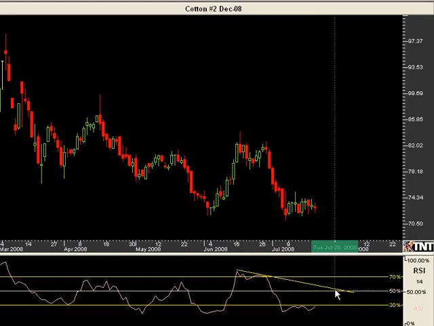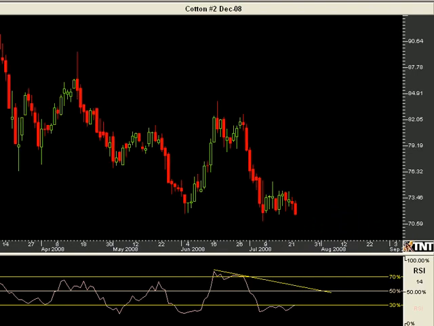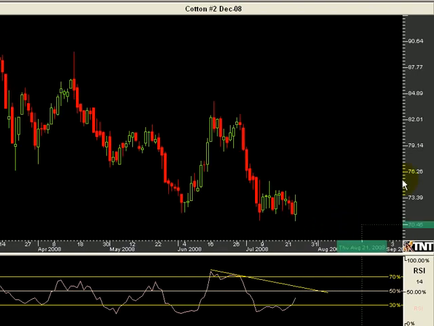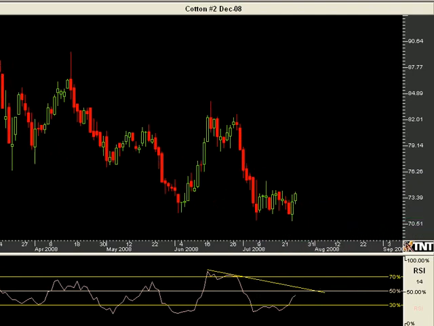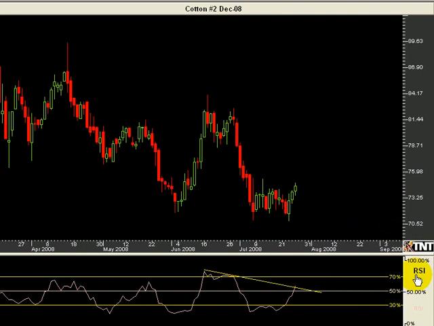Alright, so let's see how this works out then. If we play this chart forward, you can see that RSI is coming out of the oversold region, and we have found support off of the contract lows. A couple sessions later, we're trading near the 50% level, and we are also at an RSI test point.